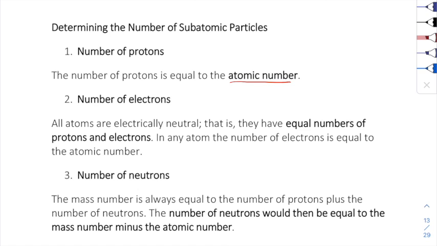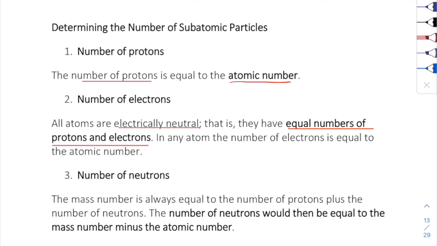The next is the number of electrons. So because the protons are positively charged, the number of electrons for an electrically neutral atom has to be equal to that number of protons. So once you've figured out the number of protons, which you can get from the atomic number, then we know that the number of electrons has to be the same.